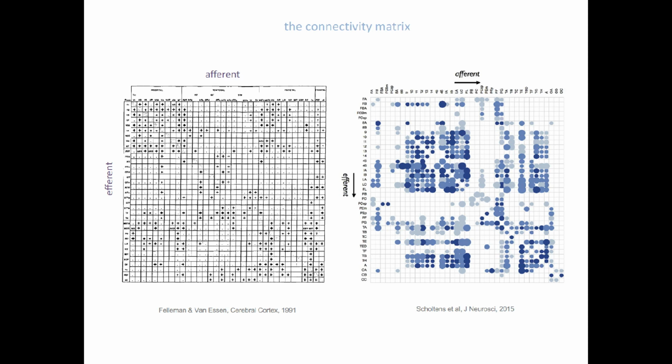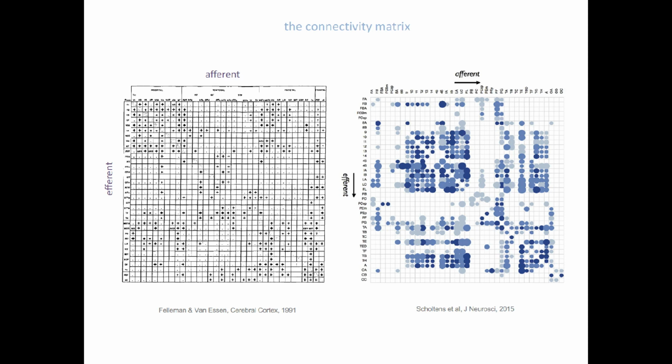So really the first connectivity matrix for the brain was published in that seminal article by Felleman and Van Essen in Cerebral Cortex in '91, where they summarised the results of lots of tract tracing studies in the macaque. And then we can fast forward and generate more sophisticated visualizations. So here they were just saying, well, is there a connection or not? How certain are we?